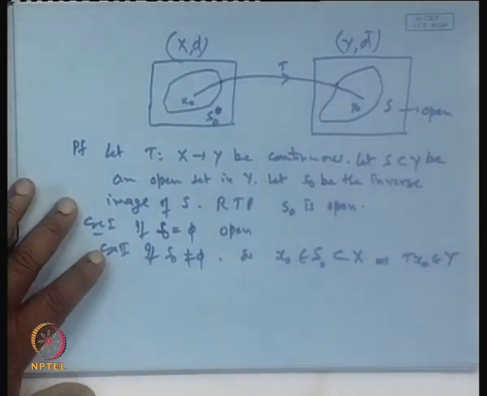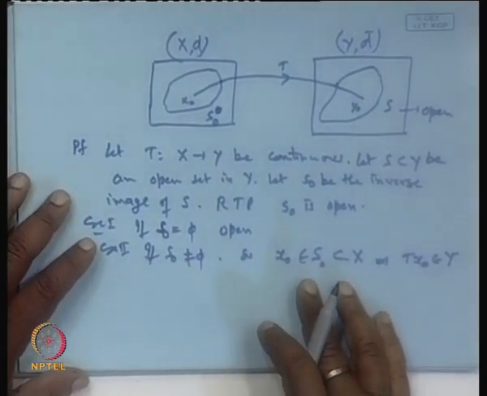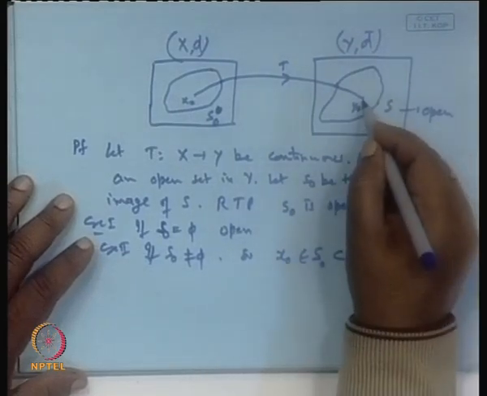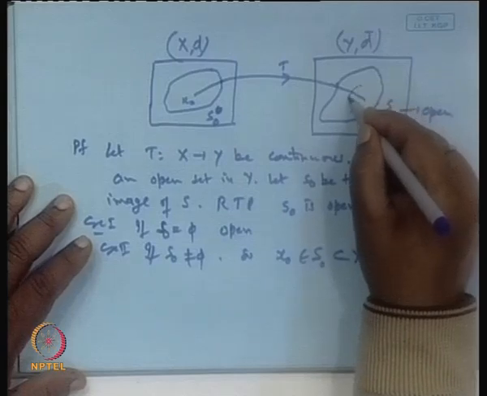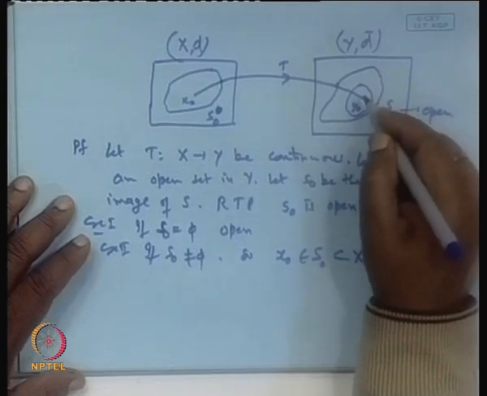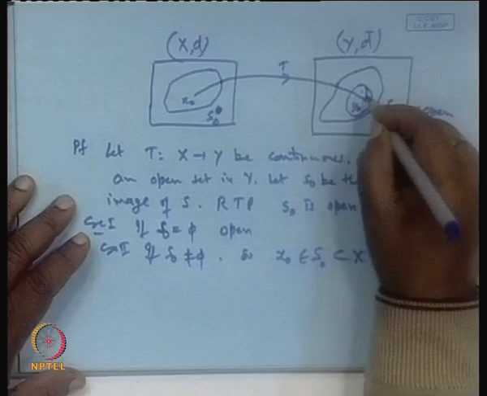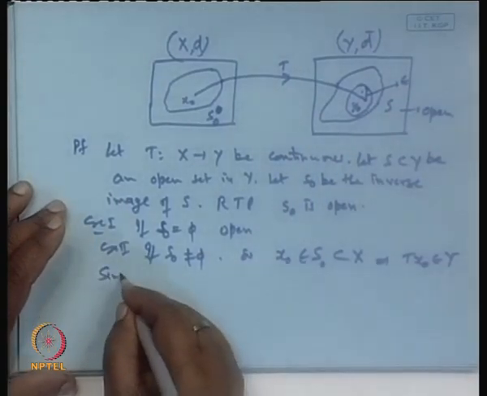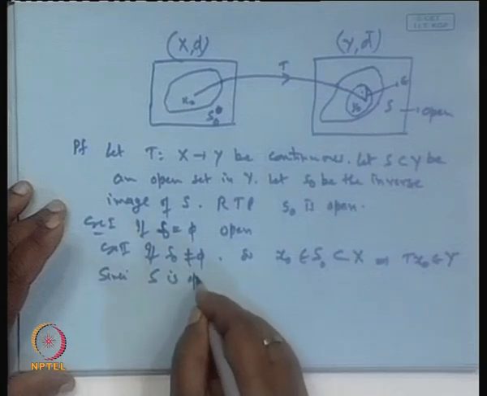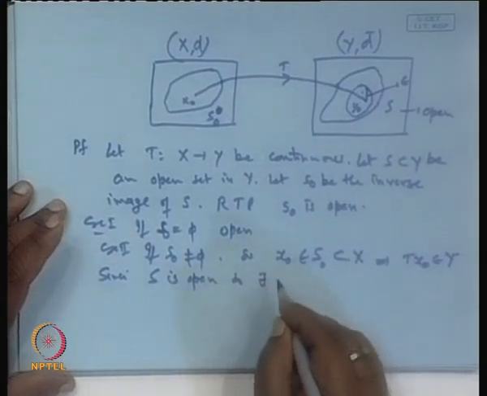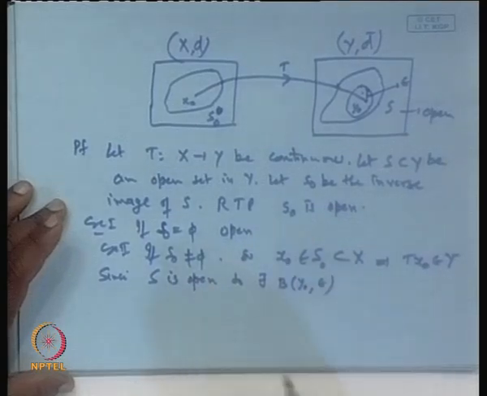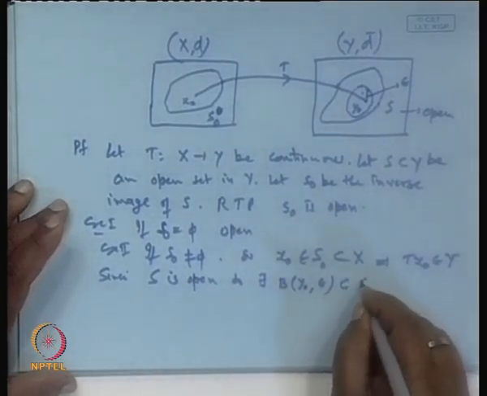Now, S is open. So, around the point y naught we can get an epsilon neighborhood of y naught which is totally contained inside it. Since S is open, there exists a neighborhood around the point y naught with a radius epsilon, say r, which is totally contained in S.